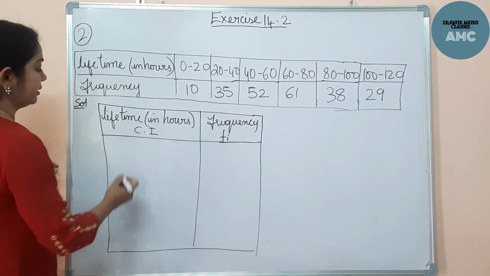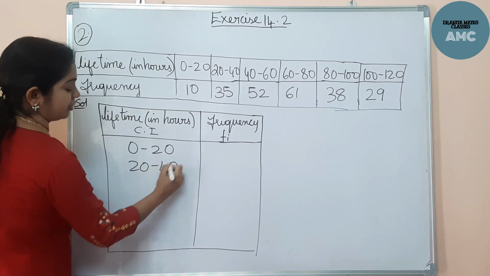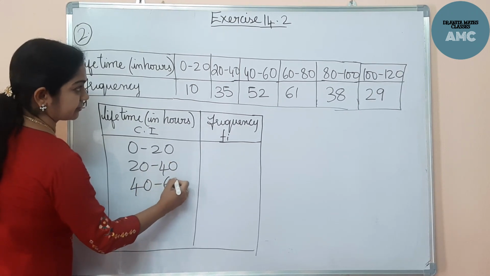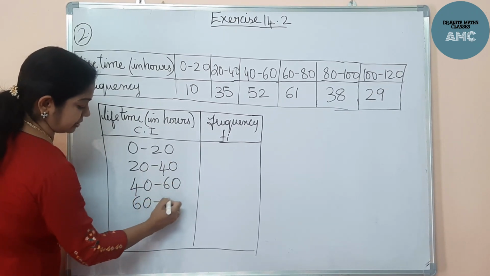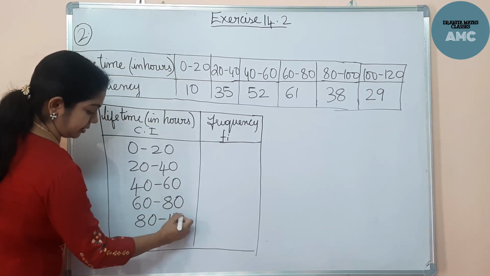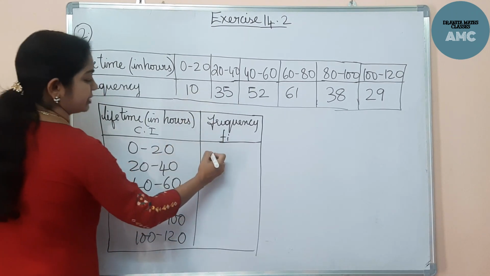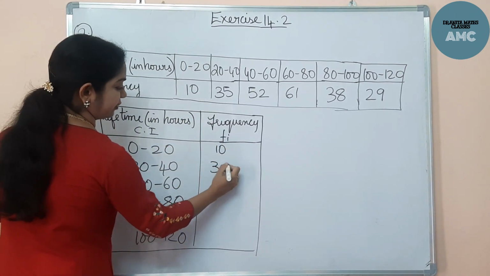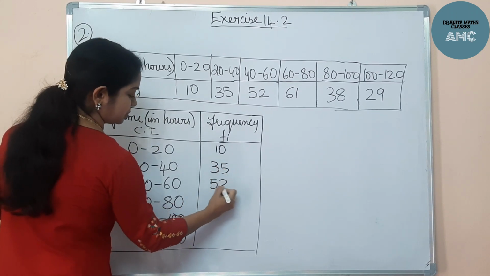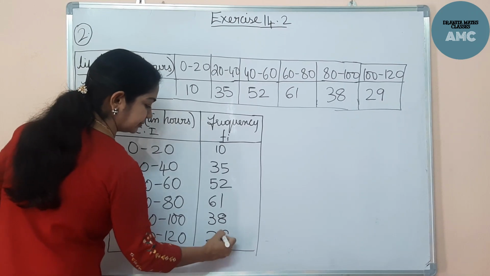Here 0 to 20, 20 to 40, 40 to 60, 60 to 80, 80 to 100 and 100 to 120. Here the given frequencies are 10, 35, 52, 61, 38 and 29.